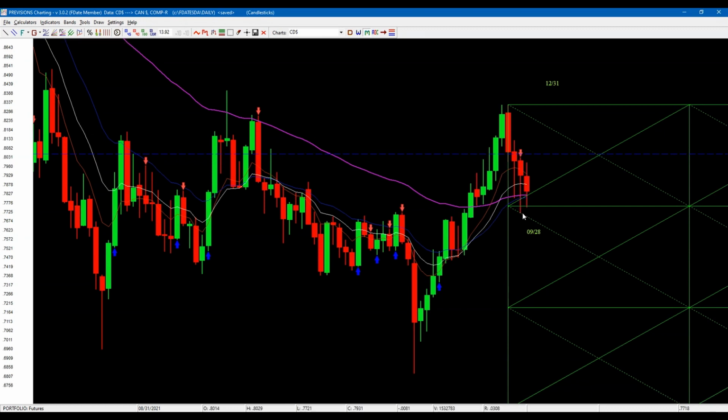But while we have this cycle period expected here for now, and we have this support here, I'm optimistic that we could see a resumption of the bullish towards the end of this year, December or January, which would be the beginning of 2022.